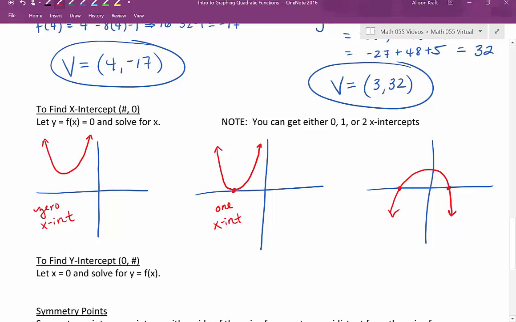The vertex is on one side of the x-axis and the parabola is opening up in the other direction. To find the y-intercept, we'll do what we've always done. We'll let x be equal to 0 and solve for y. Remember that you need to write both the x and y-intercept as an ordered pair.